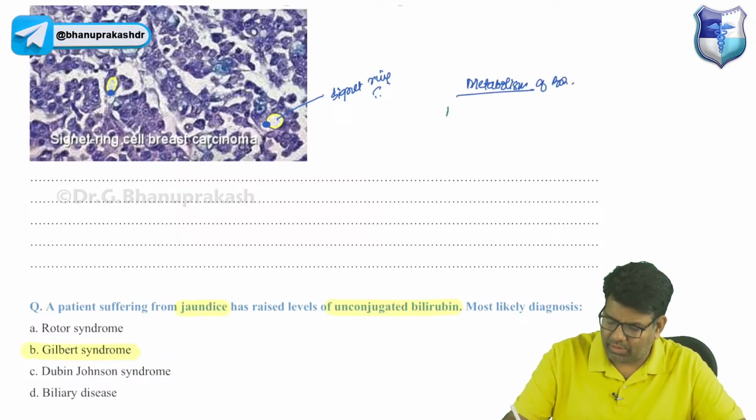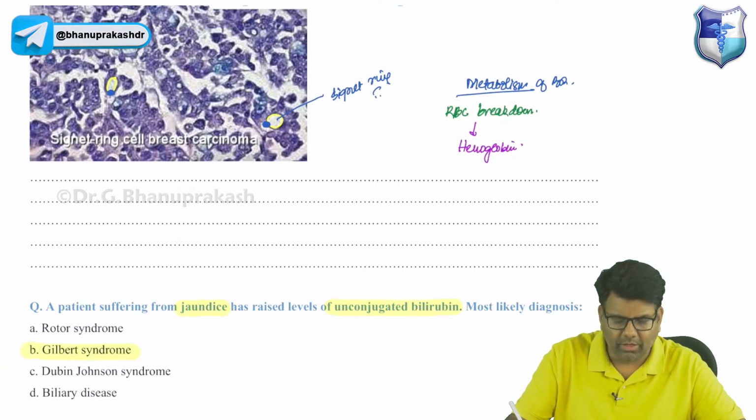What happens whenever there is RBC breakdown? It will liberate hemoglobin. Hemoglobin is liberated. Now, globin goes to the amino acid pool.